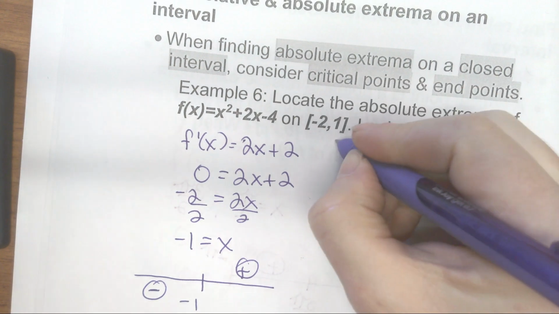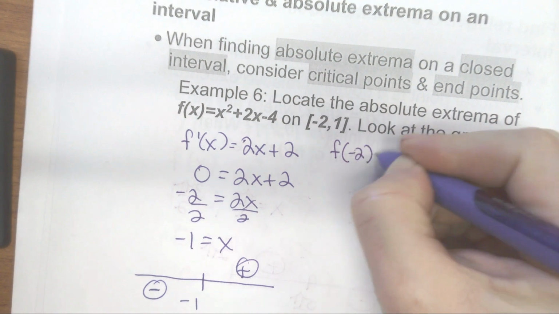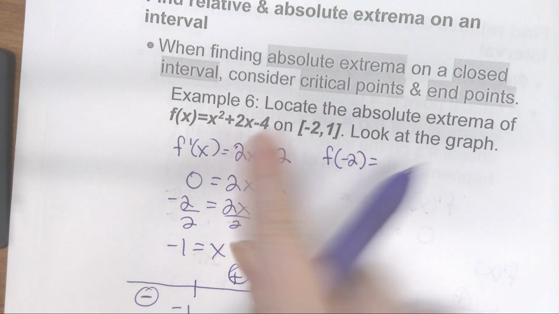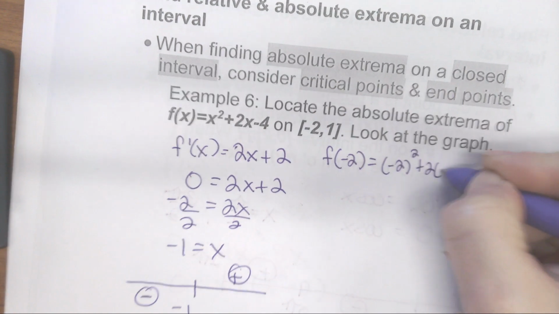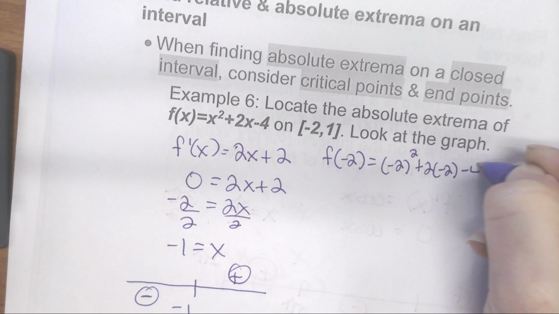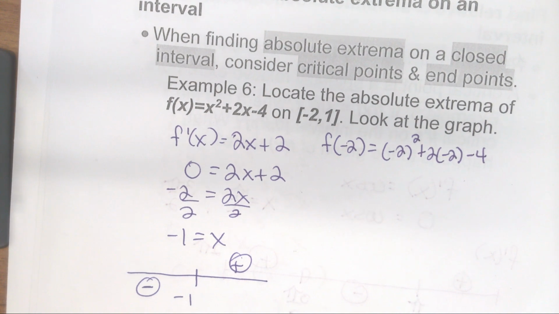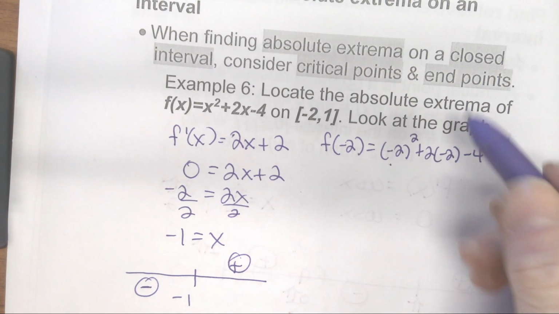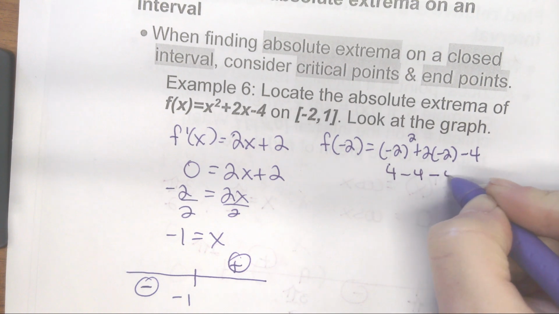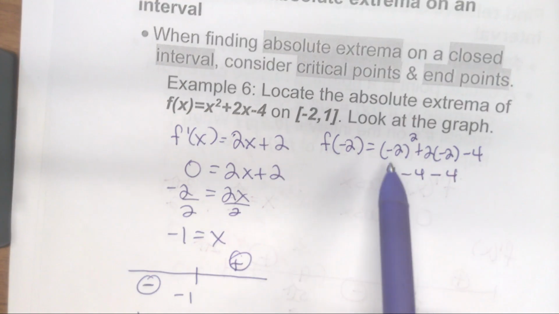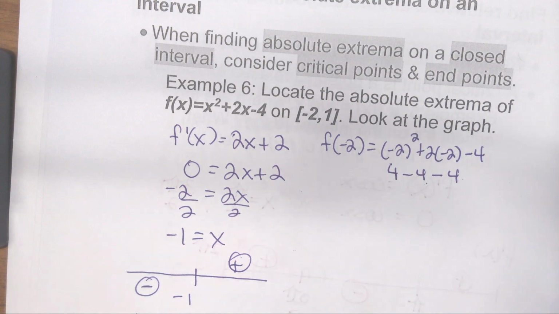So first, let's start with the negative 2. Remember, we're going to the original. So we have negative 2 squared plus 2 times negative 2 minus 4. So we have 4 minus 4 minus 4. 4 minus 4 is 0. 0 minus 4 is a negative 4.